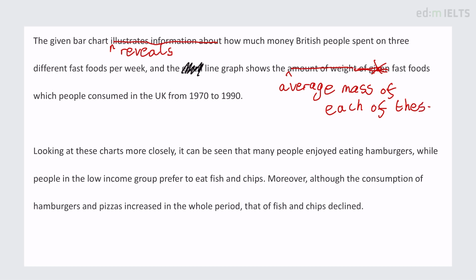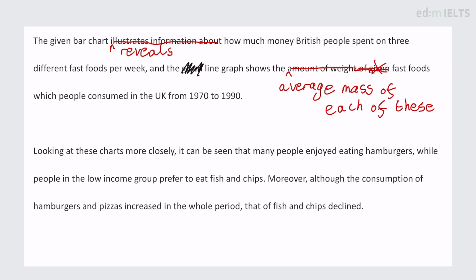In fact, I'll use these. Each of these fast foods which people consumed in the UK from 1970 to 1990. So, if I remember correctly from my science lessons at school, I won't tell you my age, but that's a long time ago, mass and weight are slightly different.